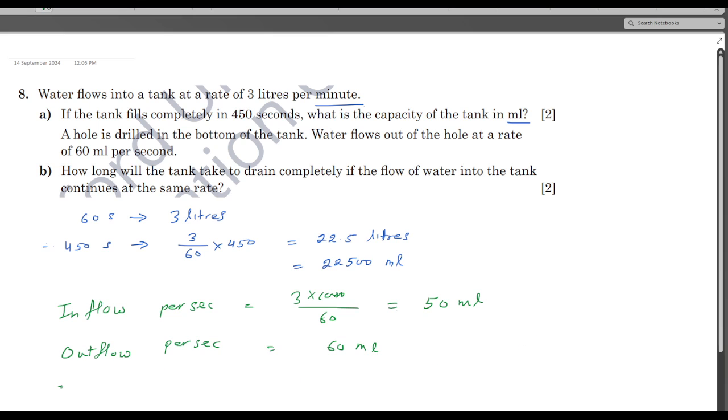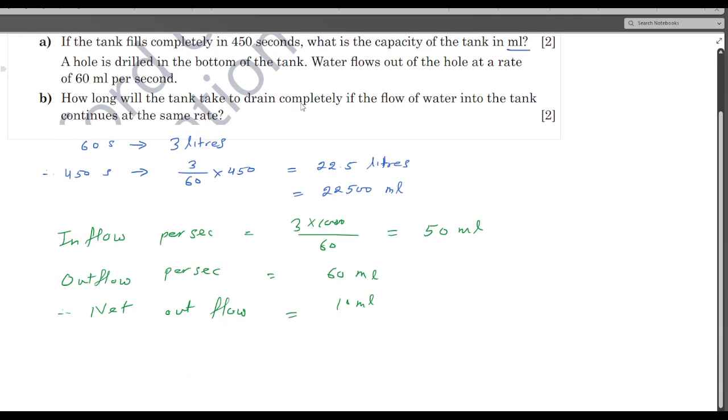Okay, so therefore the net outflow is what? 10 milliliters.